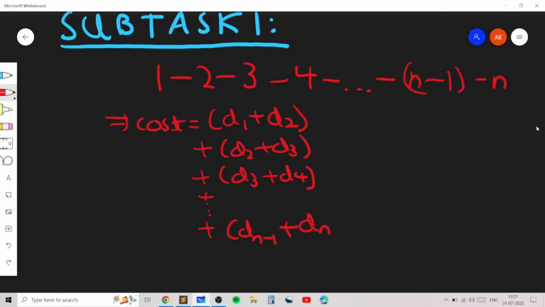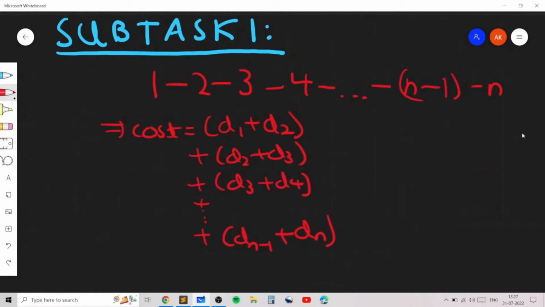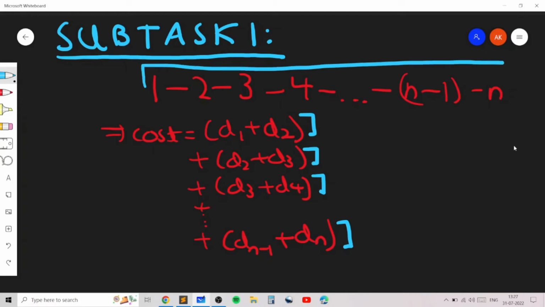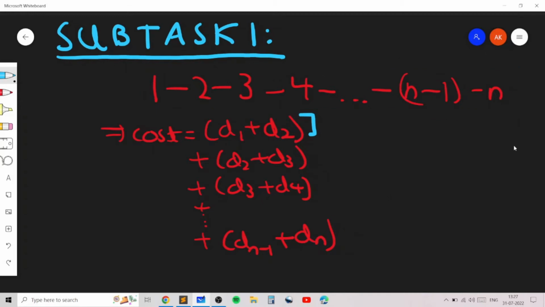So we can write this code very simply, and this takes O of n time. And we know that this is the cost because we have to add the costs for connecting each pair of garages, and we are connecting n minus 1 pairs of garages to make sure that all the n people are connected. So in this manner, we can find out the total cost for subtask 1.